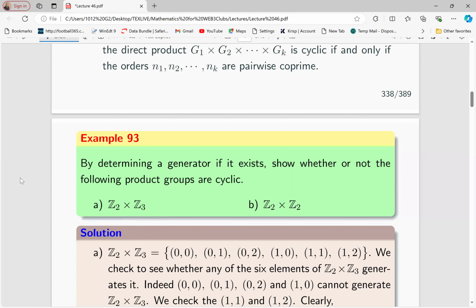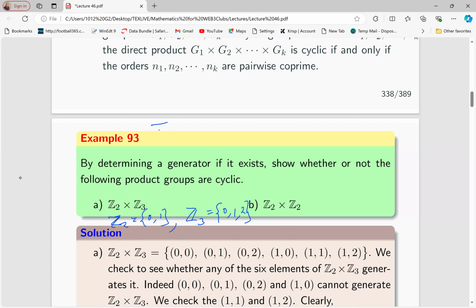Now, Z2 has the elements 0, 1. That is what we mean by Z2. Z3 has the elements 0, 1, 2. That's what we mean by Z3. And for those who are new, what we mean is this.